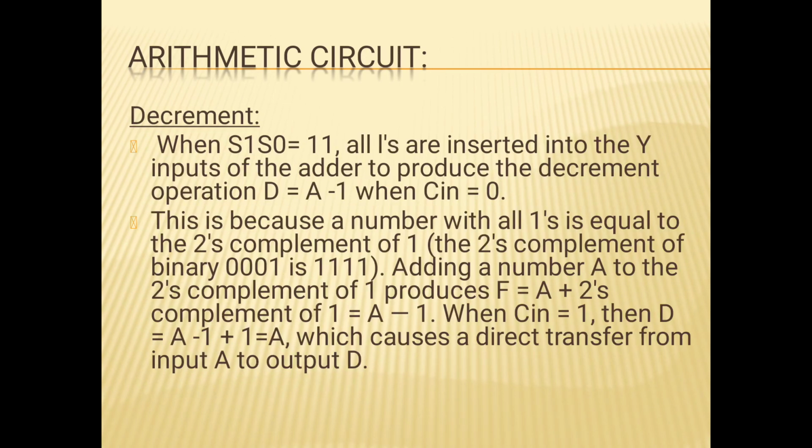Now, decrement operation. When S1 S0 equals to 1 1, then all ones are inserted into the Y input of the adder to produce the decrement operation, that is A minus 1 when Cin equals to 0. This is because a number with all ones equals to 2's complement of the 1.